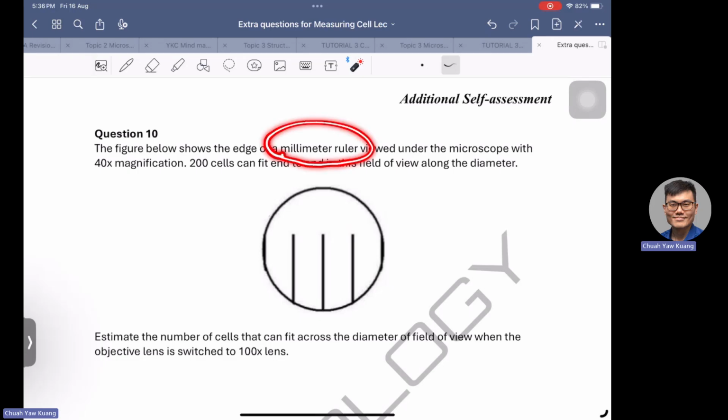That means it's using the normal ruler instead of the stage micrometer in order to measure the FOV diameter. So it is something special, and sometimes you have to take note of this. If the question is not using the stage micrometer, they can actually use other things to measure the diameter of the FOV as well.